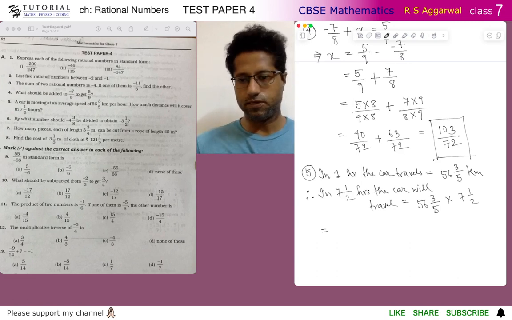So 56, when we convert mixed fraction 56 and 3 by 5 to an improper fraction, this is 56 multiplied by 5 plus 3 divided by 5. This is how much? 168 plus 5 by 5.